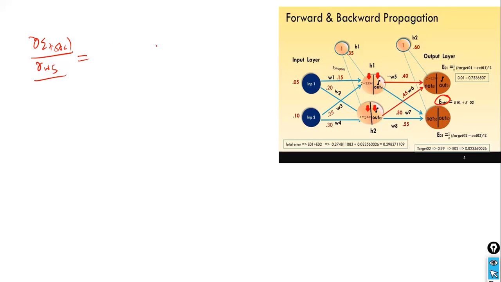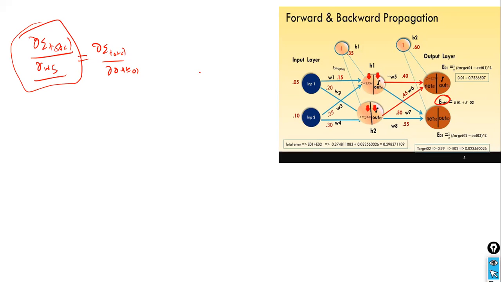Here the E total depends on out O1, so ∂E total divided by ∂out O1, because the error depends on out O1. This is a composite function. What is a composite? It's a nested function, and it can be written like this.